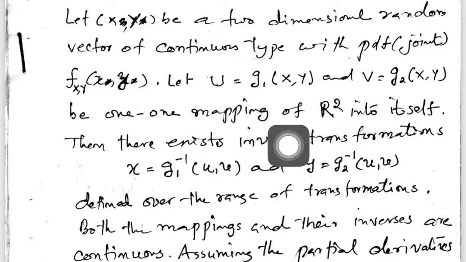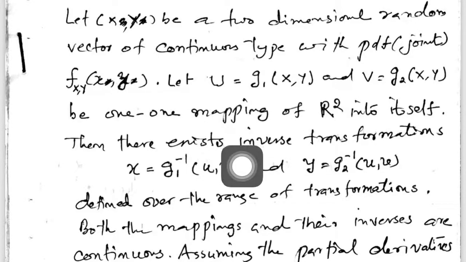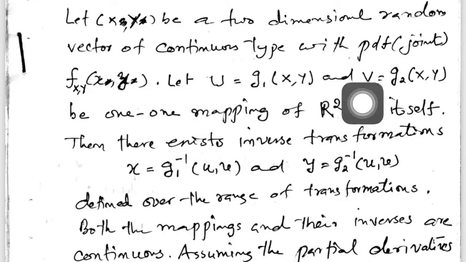Or sometimes the range of x and y may be some subinterval of minus infinity to infinity. For example, say the range for x is minus infinity to infinity, and the range for y may be from 0 to infinity, or x and y may be defined for any subinterval of minus infinity to infinity, and accordingly you can find the range of u and v.